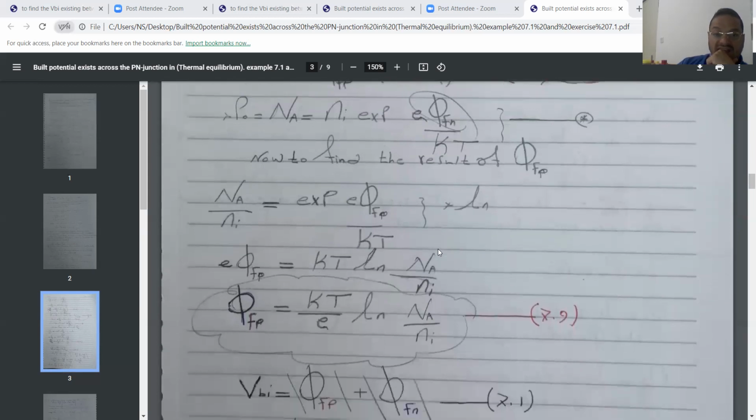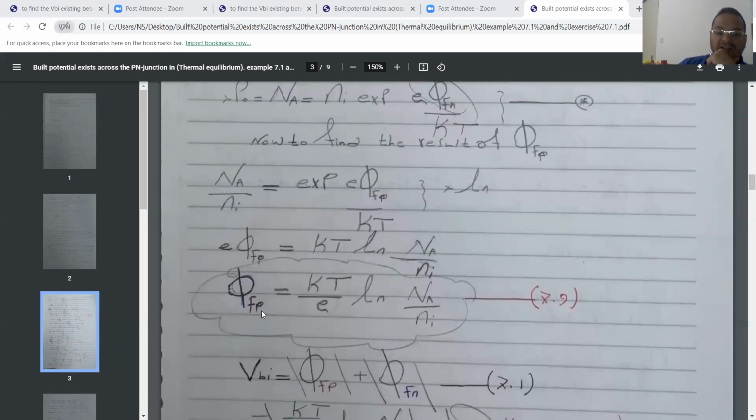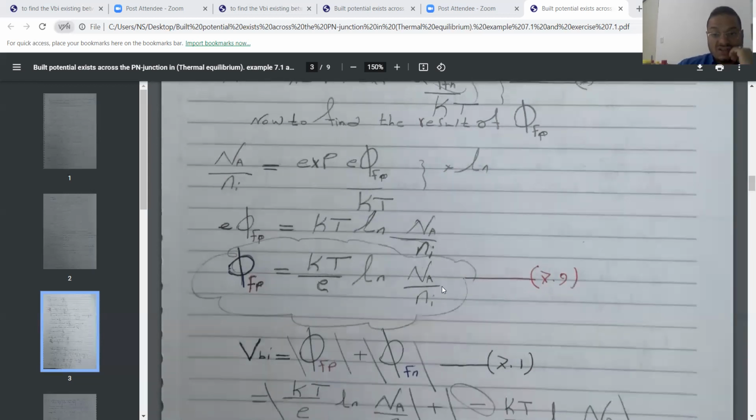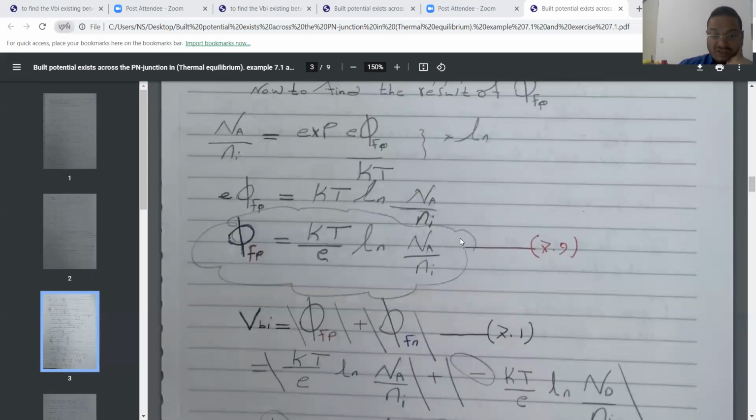After that, take ln of both sides to find the potential of holes, dividing by the electron charge. The potential of holes equals Boltzmann constant times temperature divided by electron charge, ln of the concentration of acceptors divided by the intrinsic carrier concentration, and this equation will be 7.9.